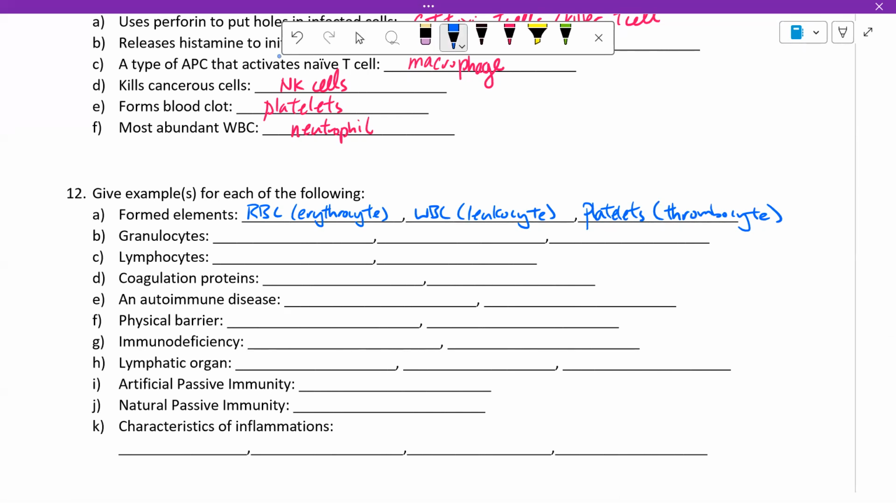Okay, next we have granulocytes, which include neutrophils, basophil, and eosinophil. Okay, feel free to pop in a mast cell as well. T cells and B cells for lymphocytes.